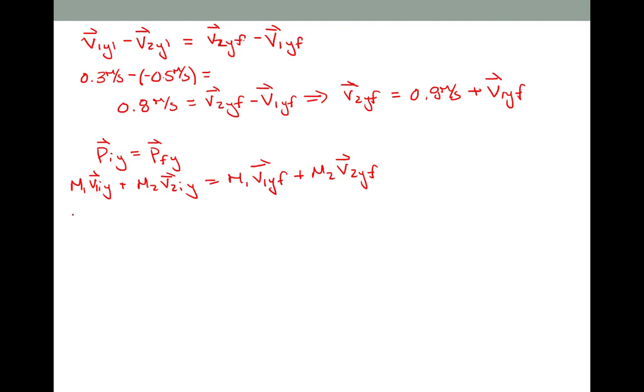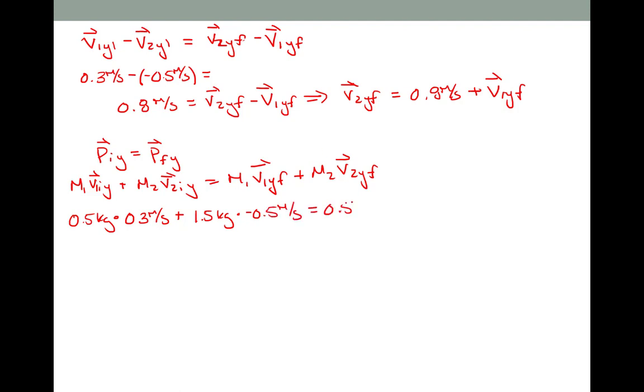Plugging in numbers here, 0.5 kilograms times v1 y initial, which is 0.3 meters per second. M2 is 1.5 kilograms times v2 y initial, which is negative 0.5 meters per second.